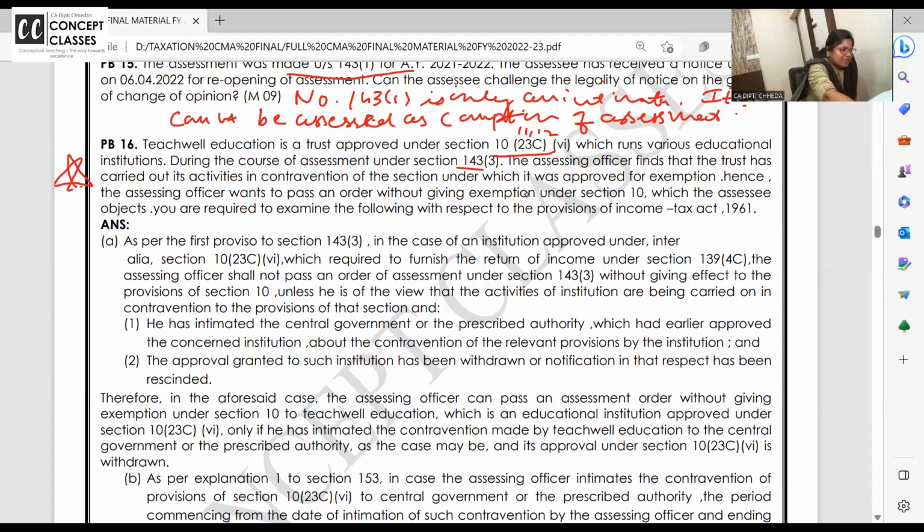These are the three assessments. Which assessment is 143(3)? Yes. Message in the chat box. 143(3) is which assessment?